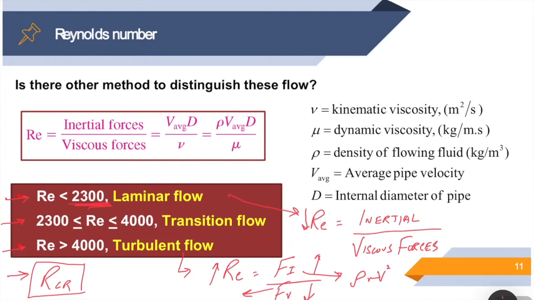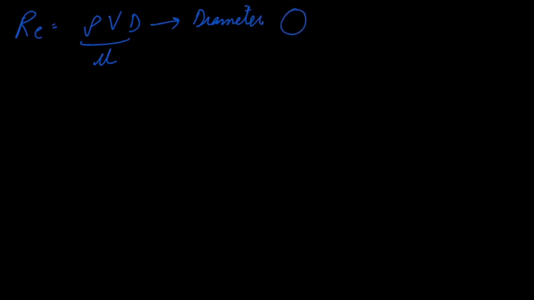You should know the Reynolds number Re has no units, it is dimensionless. So now we know that Reynolds number Re equals rho V d divided by mu, where d is the internal diameter for a pipe.